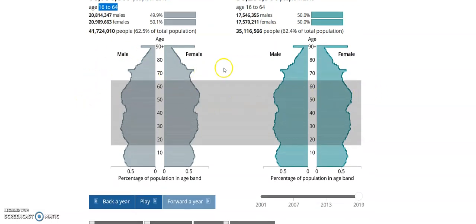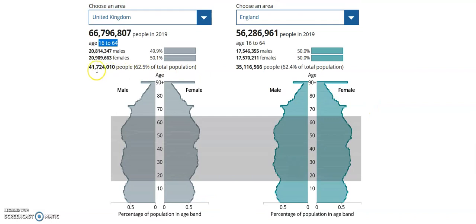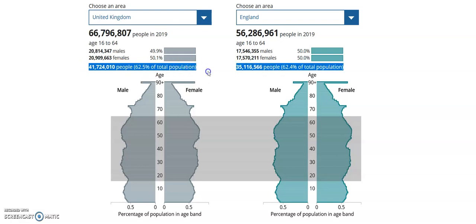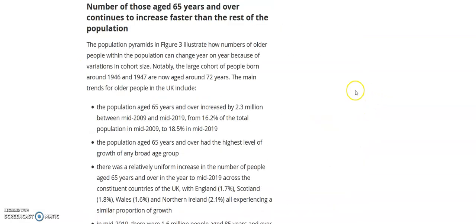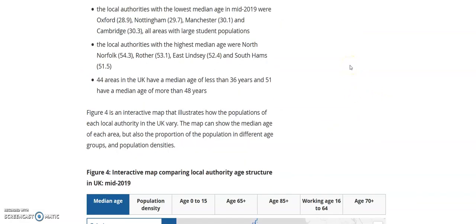This is very interesting. So you could look at that, and we can see the working age population.